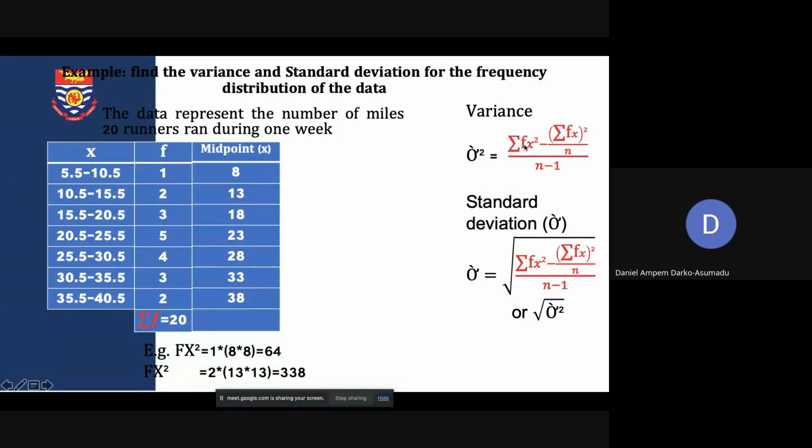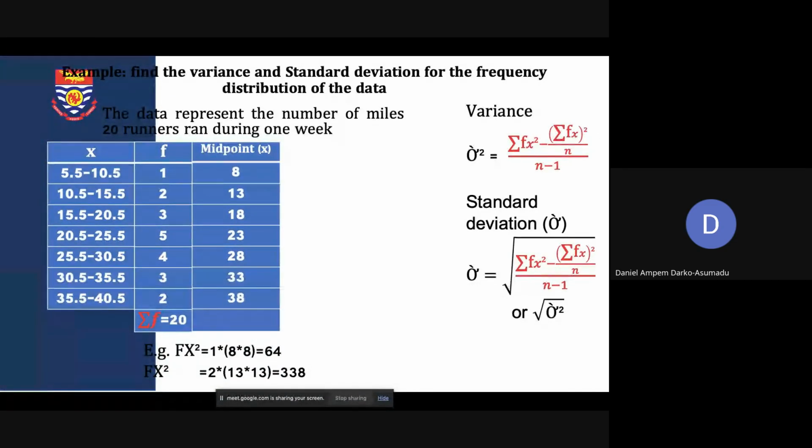In the formula, once you have found X, you see summation f x squared. Here it's telling us that we have to square the X values, multiply what we get by F, and sum it. This side is telling us multiply F by X, sum it, then later square that value you sum.